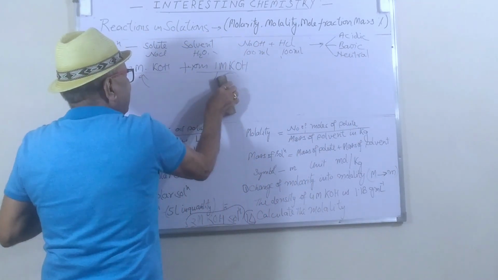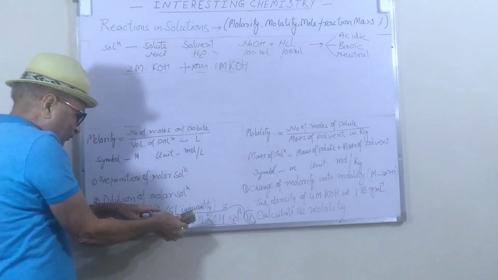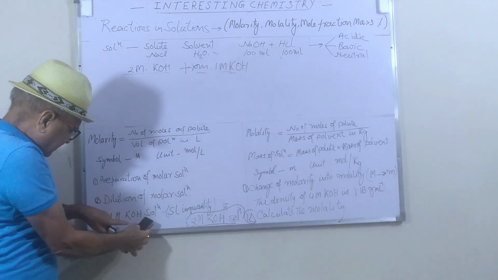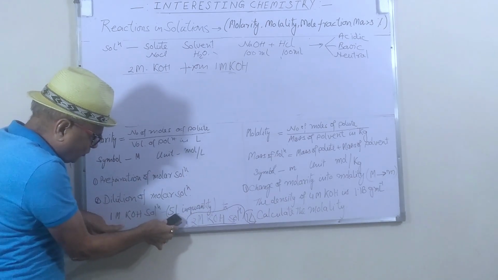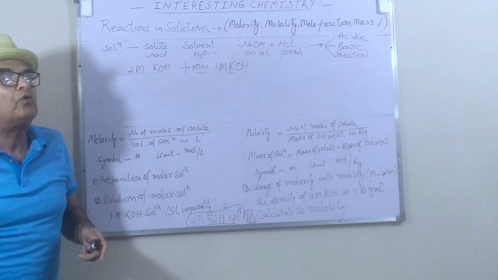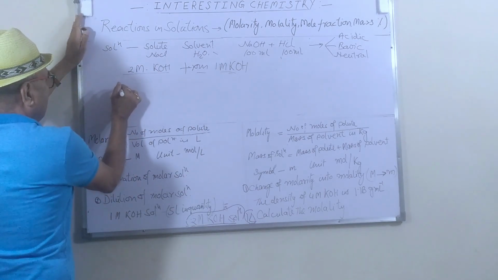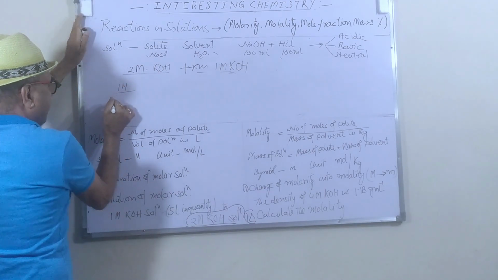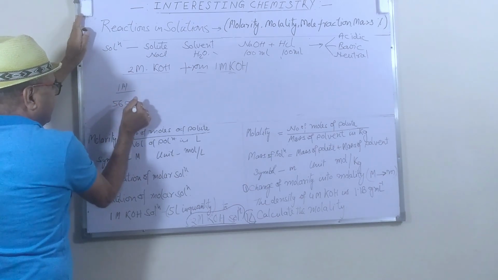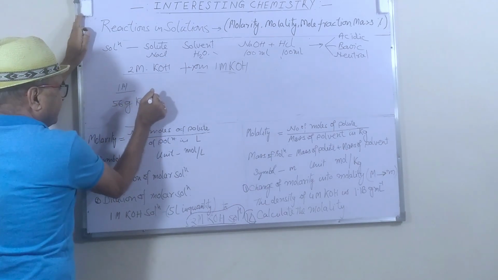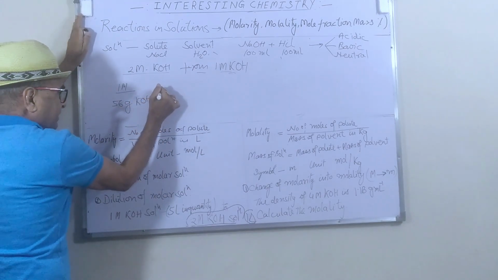First, one thing I want to tell you: how will you make the solution in 5 liter quantity? For 1M, you require 56 gram KOH for 1 liter.